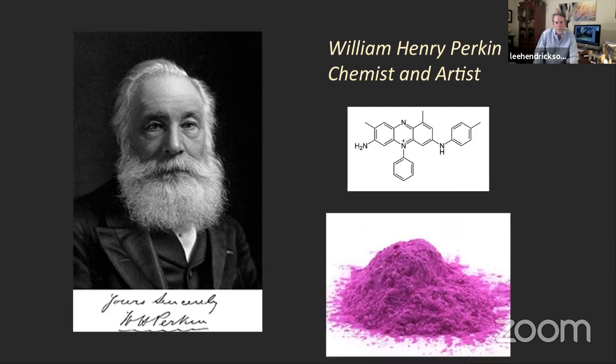Well, he wasn't successful at that, but one of his experiments came up with this beautiful purple product, powder, that he called mauvine. And what he did, being an artist, he saw that that was kind of interesting. He dyed some fabric. It was the only color like that in the world, basically.